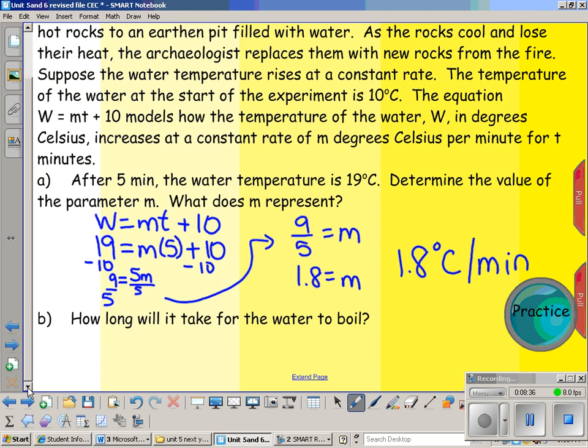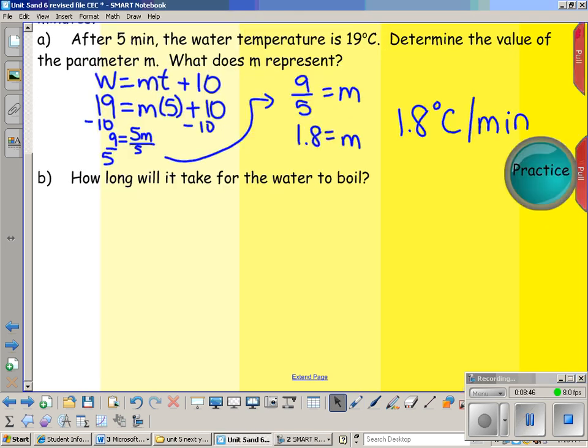How long is it going to take for the water to boil? Well, we have our equation. W equals 1.8 t plus 10, because we did find our slope now. Where does water boil? Water boils at 100 degrees Celsius.